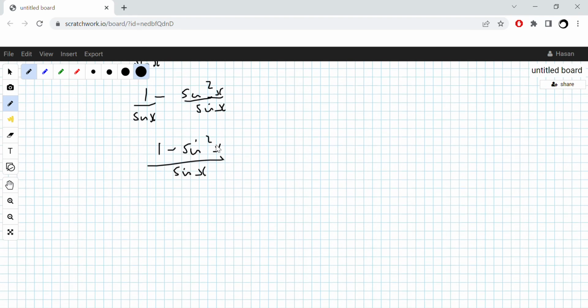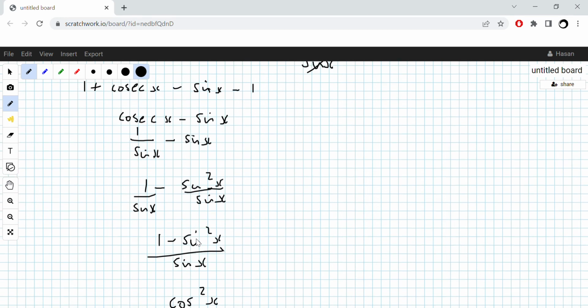This can be simplified as cos squared x, as cos squared x equals 1 minus sin squared x, all over sin x.